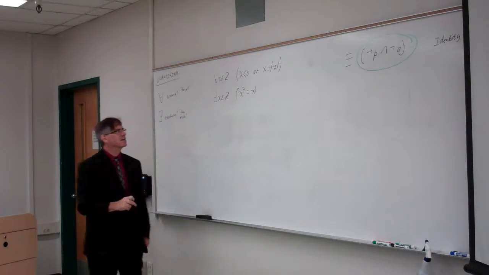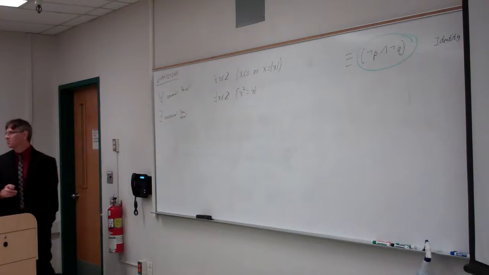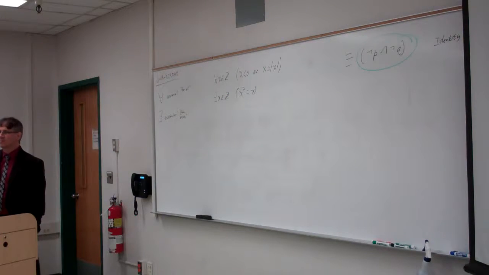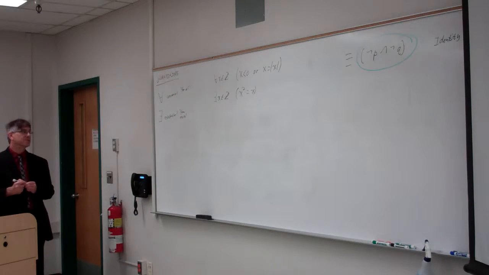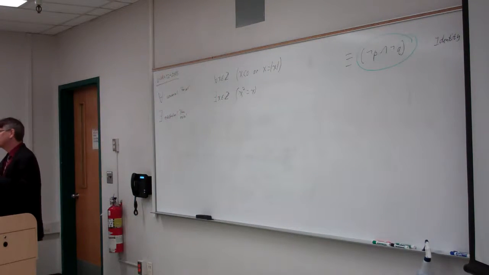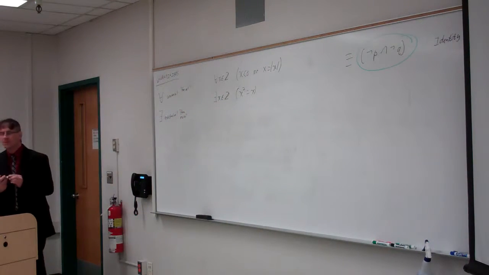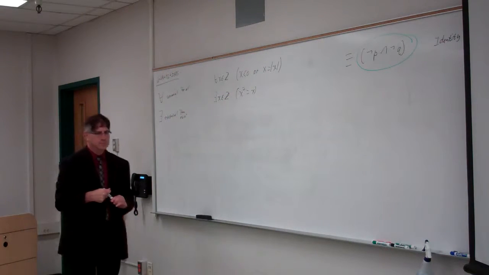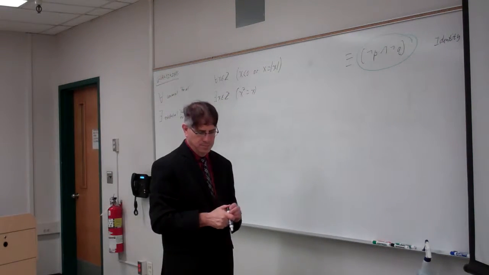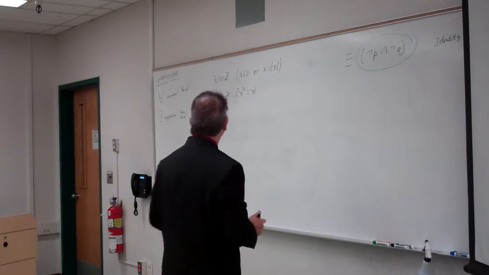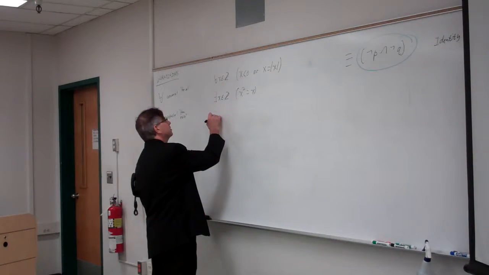There exists an x contained in Z such that x squared equals x. That's another proposition, and that's also true. There are actually two integers that are equal to their square. Which are they? 1 and 0. So those are true propositions.